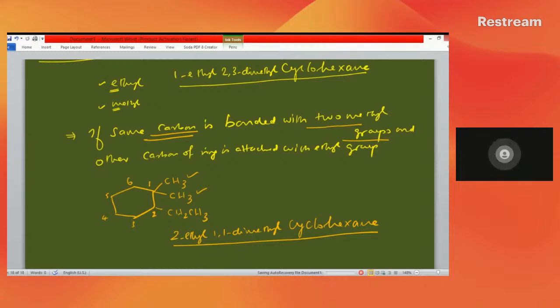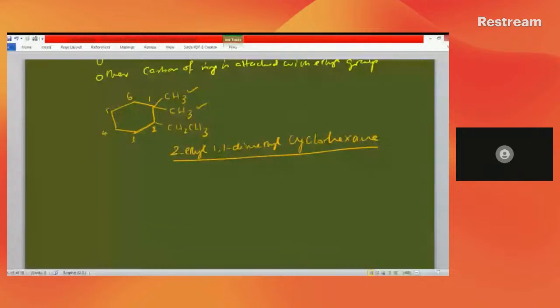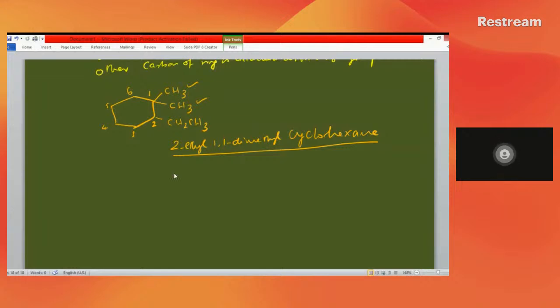In the same way, if you try the following, just see one other cyclic structure having 5 carbon atoms in it. Yes, cyclopentane.